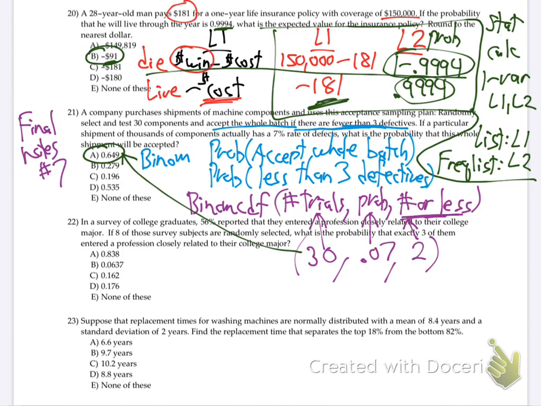22. In a survey of college graduates, 56% reported that they entered a profession closely related to their college major. If 8 of those survey subjects are randomly selected, what is the probability that exactly 3 of them entered a profession closely related to their college major?